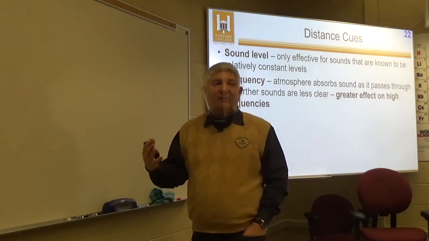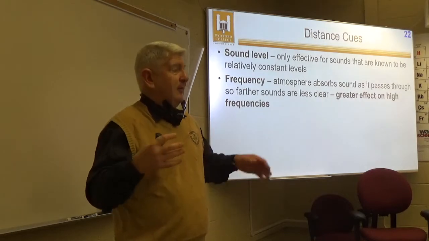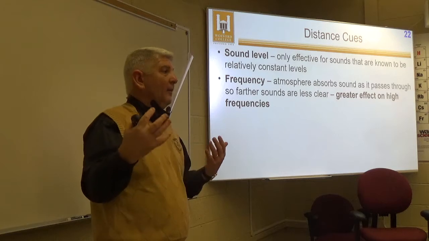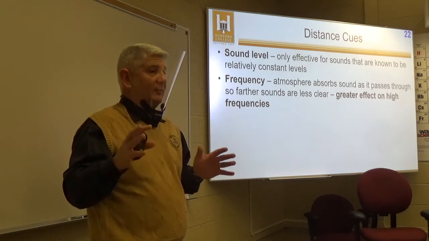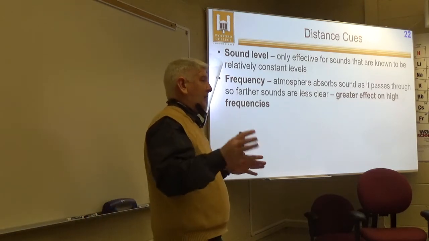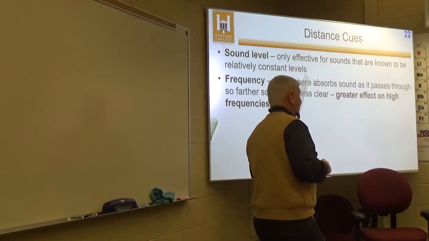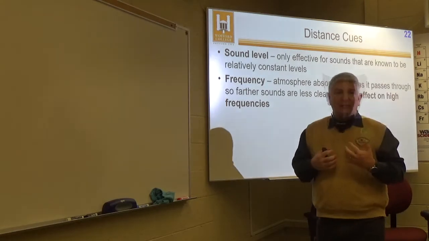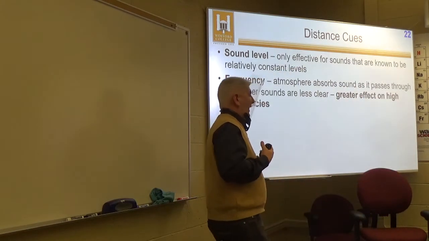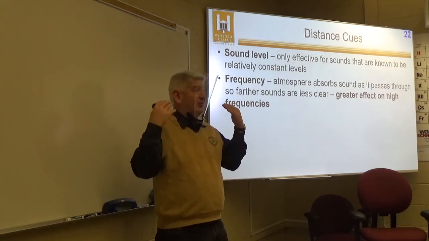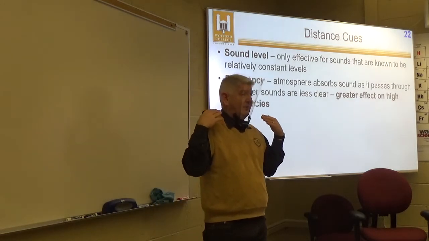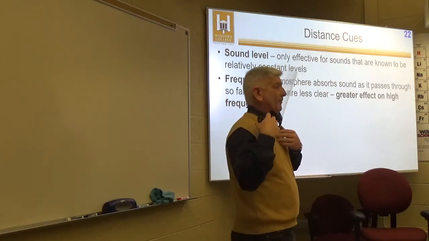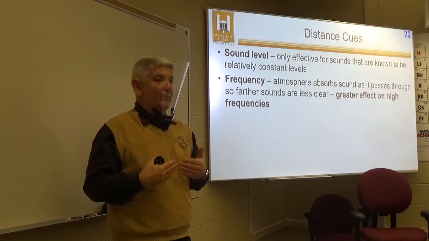Just like we talked about with vision, that the further away something is, we get atmospheric perspective, so that the lower wavelengths, the blue wavelengths of light, get scattered more the further away something is. The same thing happens with frequency. So the atmosphere absorbs sound as it moves through it. And that, again, just like the acoustic shadow, just like we talked about with intensity differences with localization, the same thing happens with the atmosphere, that it affects high frequencies more than low frequencies.